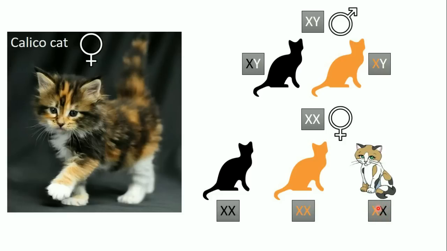And when the orange X chromosome is inactivated, we see some black patches. Because, as I told you, the fur color trait is on the X chromosome. Of course, you're seeing some white patches here, and in these patches, the fur color trait is not even expressed because of some epigenetic reasons. But this is in general, okay?